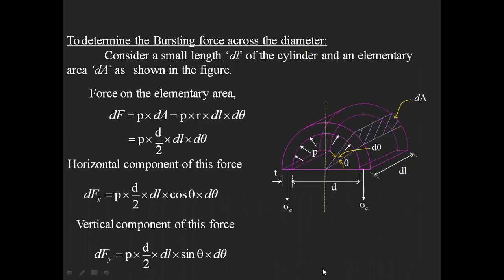Out of these two forces, horizontal component and vertical component, which component do I need to consider to calculate the overall bursting force? Which force is making your cylinder burst? Is it the vertical component or the horizontal component? Tell me.